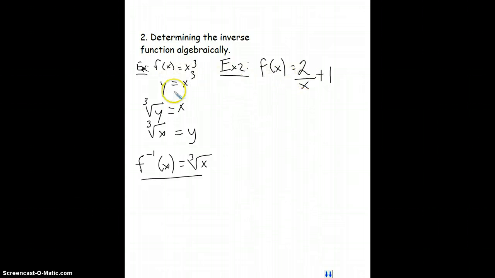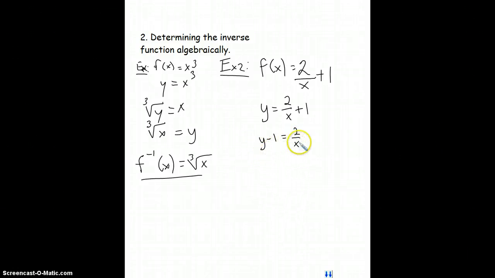Okay, following the same method, we make this a y. So y equals 2 over x plus 1. Then we solve for x, so we subtract 1 from both sides, and we have y minus 1 equals 2 over x.